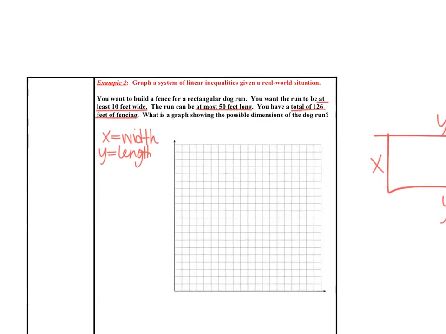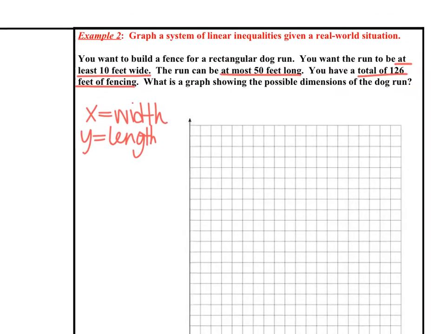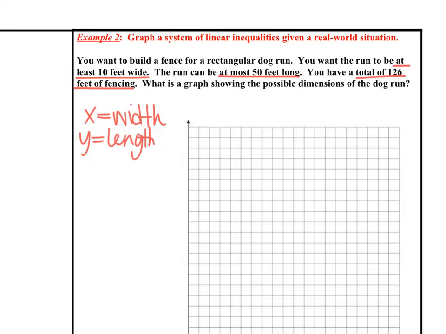What should I write for that inequality? The run width. Just like the x. Does it just say x? Can x be greater than 10 feet? Yes. At least, yes? And it also could be equal. x has to be greater than or equal to 10 feet. The width. That's it. Doesn't have to have an x and a y.